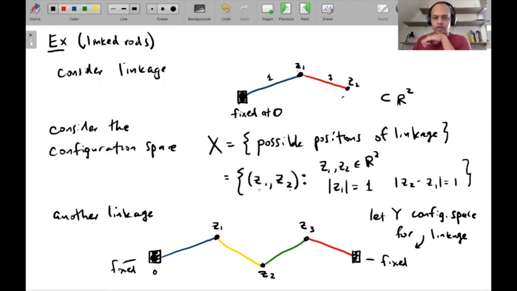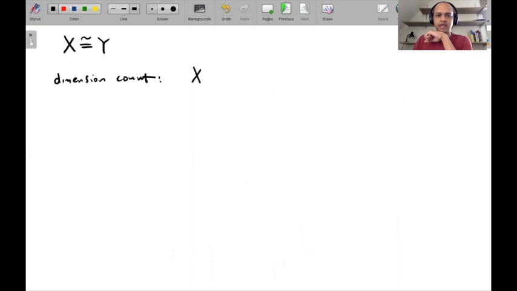Each of Z1 and Z2, at the beginning of the day, are just in R2. So that's 4 degrees of freedom. But then you have 2 equations. So by a dimension count, X is 2-dimensional.